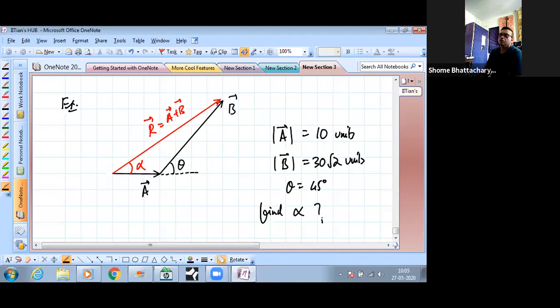Just work this out. Magnitude of R we had already seen earlier in that question, it was 50. But now we want to find the angle that the resultant is making with A. So that is the angle alpha in the diagram. So just work it out.